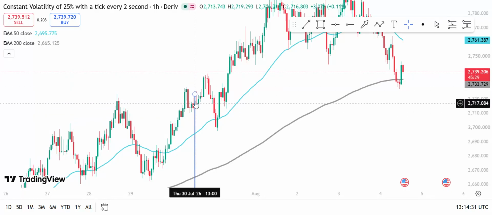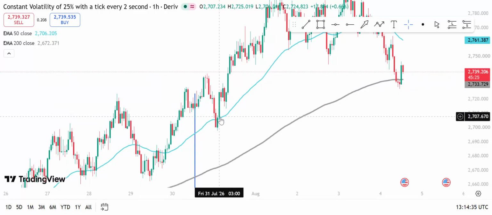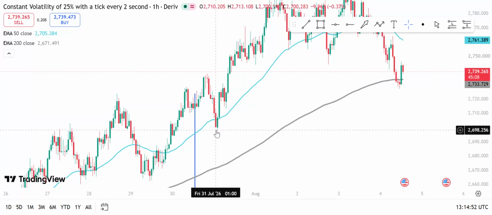We first wait for this market to reverse and come down here, and then when we see a bullish candle, which is a green candle, closing above the 50 moving average, this one here, we can now enter a buy, which means that we would have placed a buy here.